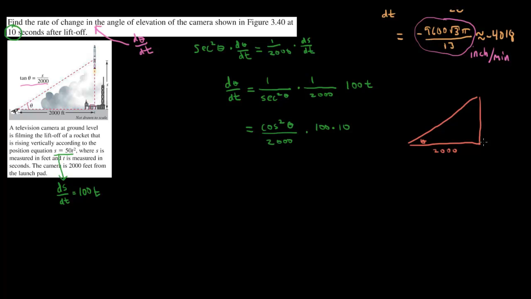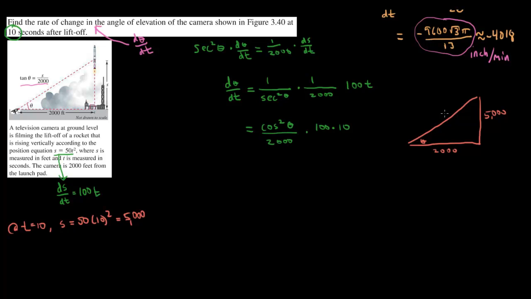Now what is the height when t equals 10? Well, the height's given by s equals 50t squared. So when t equals 10, s equals 50 times 10 squared. 10 squared is 100, and 100 times 50 is 5,000. So this is 5,000.